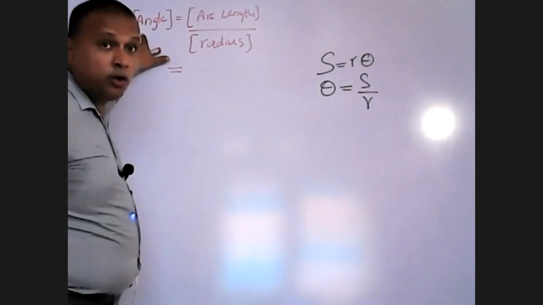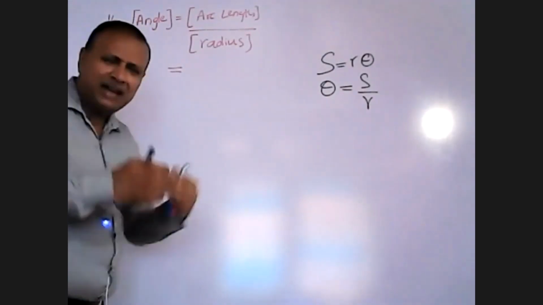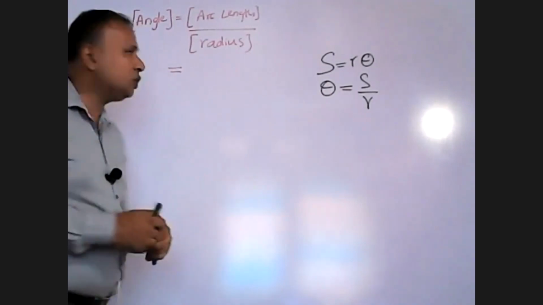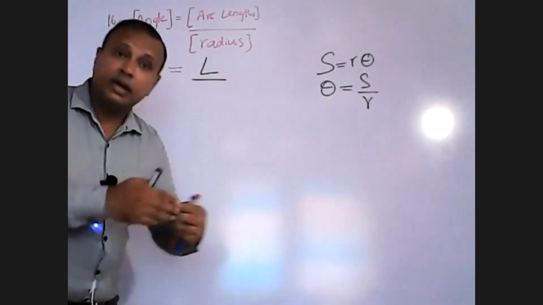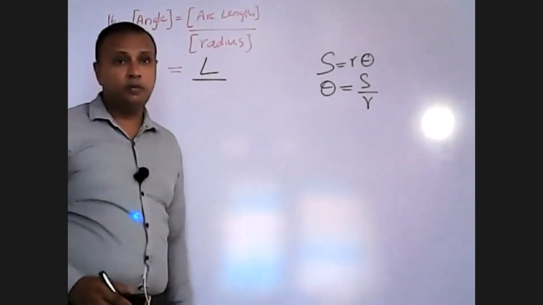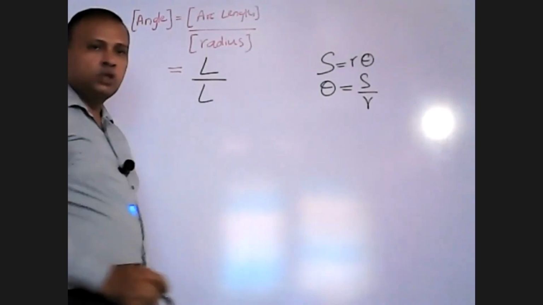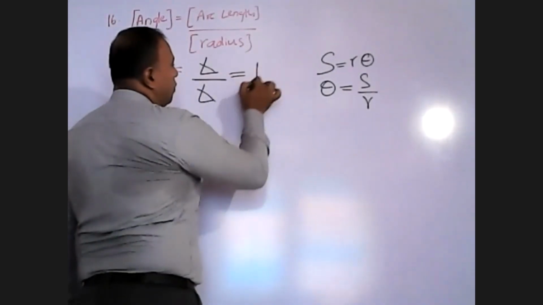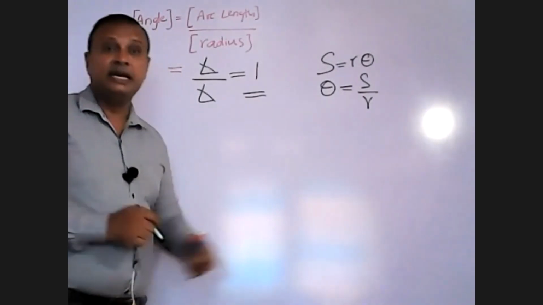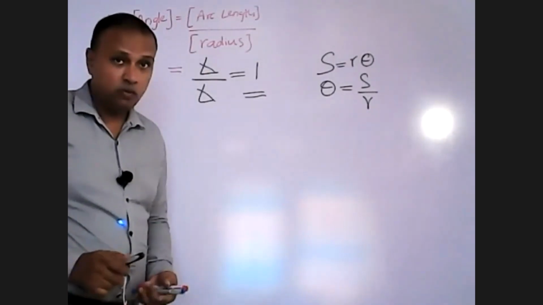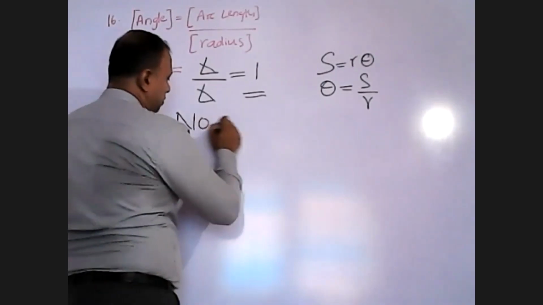So the dimension of angle is equal to the dimension of arc length over the dimension of radius. Arc length is a length, so this is L. Radius is also a length, so the dimension of radius is L. So L over L will cancel out, and that is equal to 1. If the dimension is equal to 1, that means this physical quantity does not have a dimension.